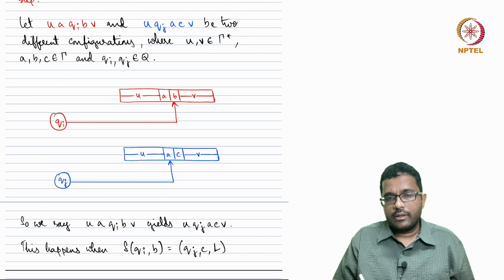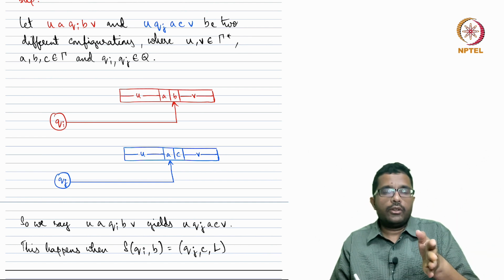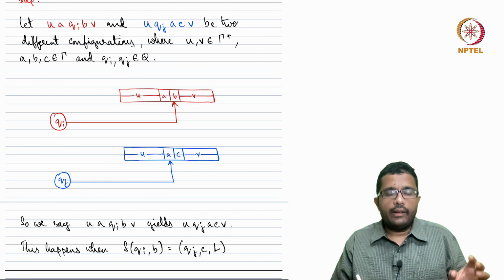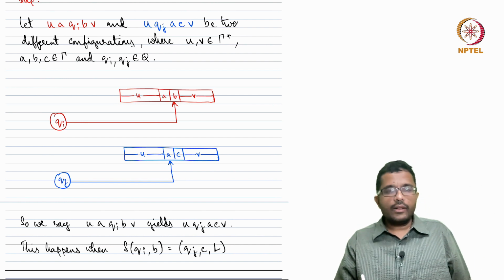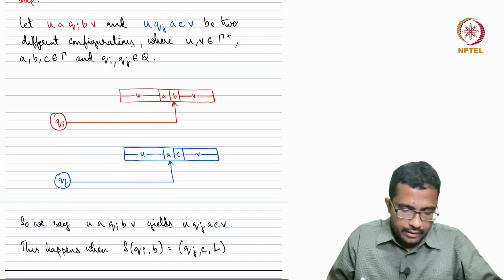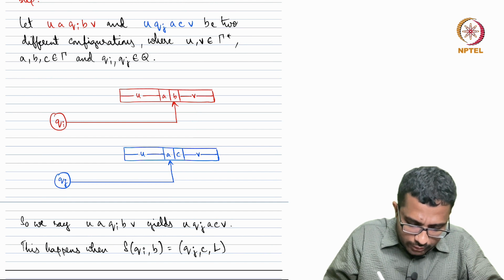Suppose this was the transition function, then from this configuration we will move to this configuration, right?